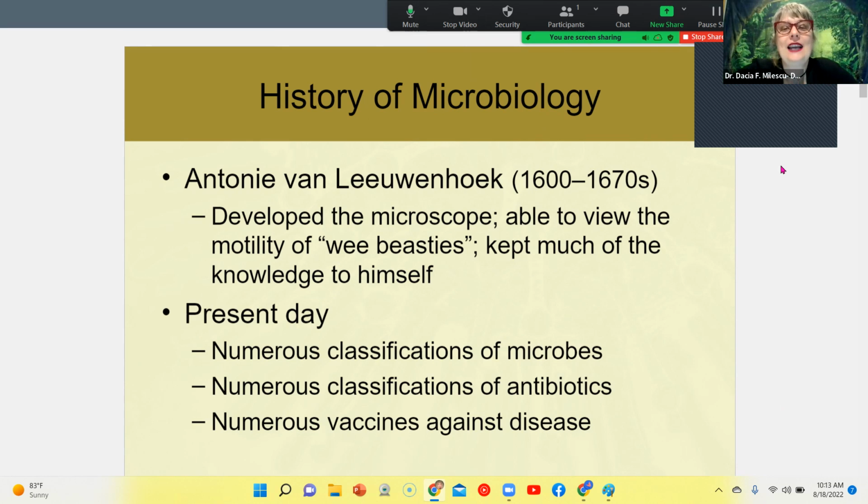So he was able to view the organisms and he named them wee beasties. Wee sounds like a very Scottish term. But at any rate, he is the first one to have discovered organisms, in the 1600s to 1670s. Present day, we have microscopes to view microbes, everything and anything from bacteria, viruses, prions, parasites, and fungi.